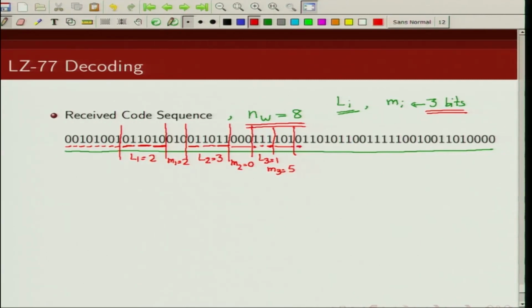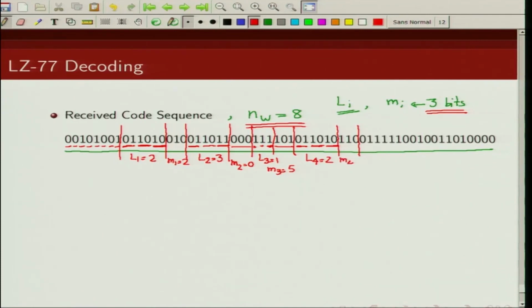This is a run of 1, so I should look at the next 2 bits, that is 2. The next 2 bits give me the encoding of the number, which is 2. So L4 is 2, and the next 3 bits correspond to M.